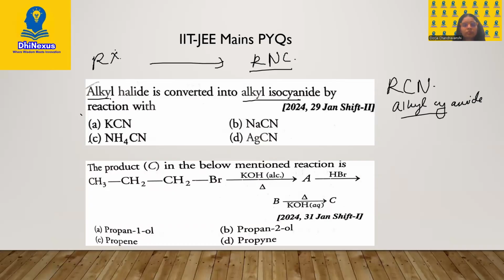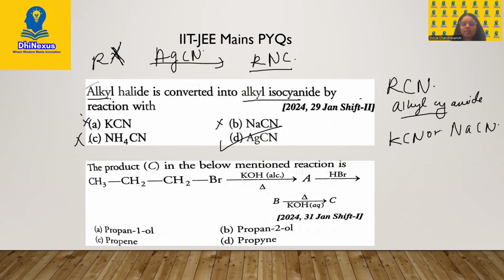So from our knowledge of nucleophilic substitution reaction, we will put AgCN. So the KCN or NaCN options are wrong, because in preparing alkyl cyanide I can take KCN or NaCN, and both will give me alkyl cyanide. So this is also wrong. The correct answer is AgCN.